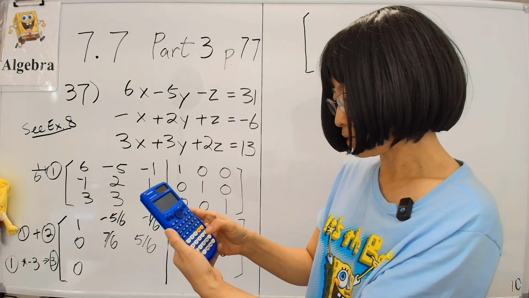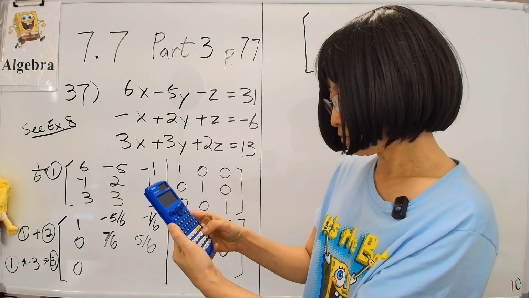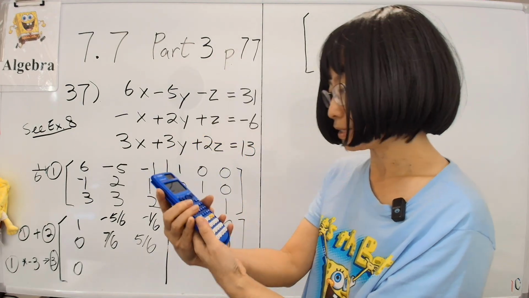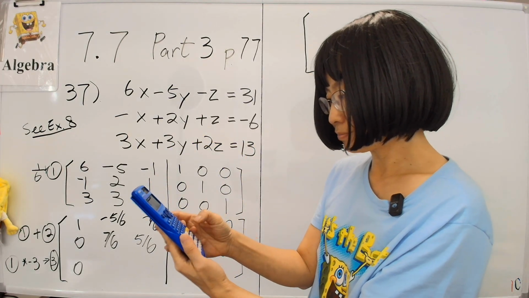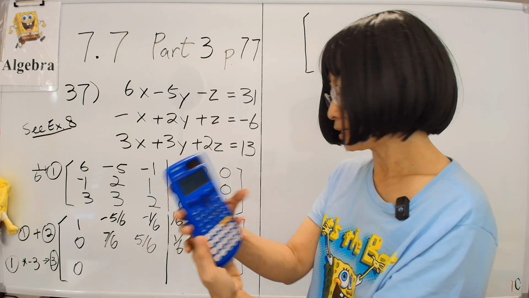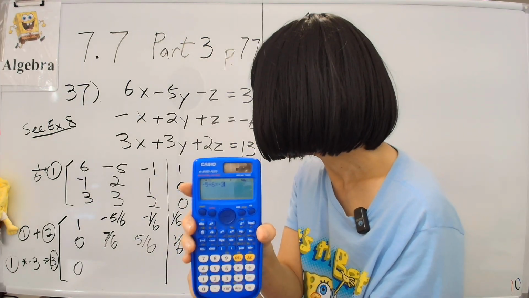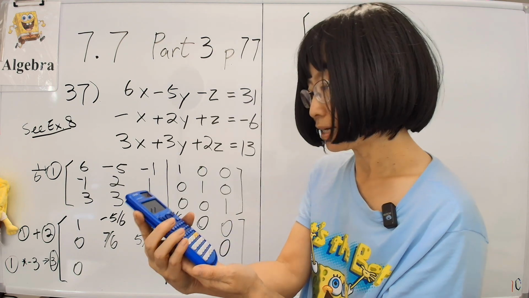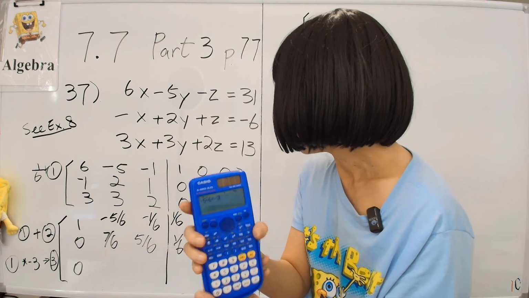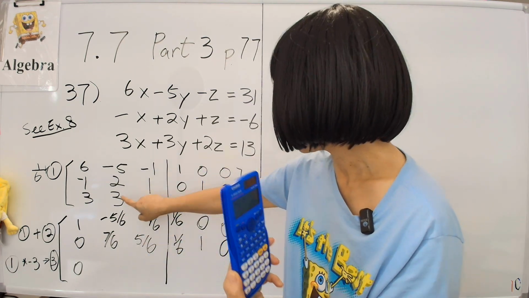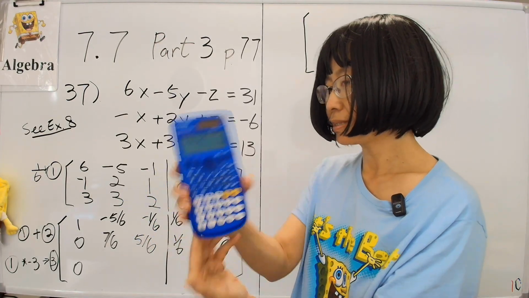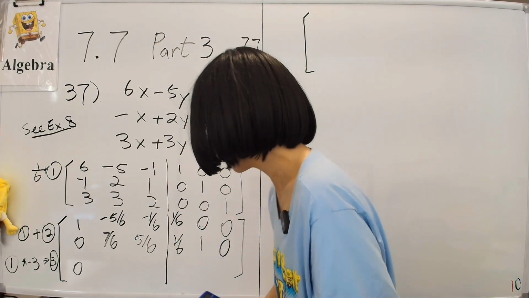I'll type it in, minus 5 over 6 times negative 3, and then add it to row 3. That's this thing, so plus 3. And that's 11 halves.